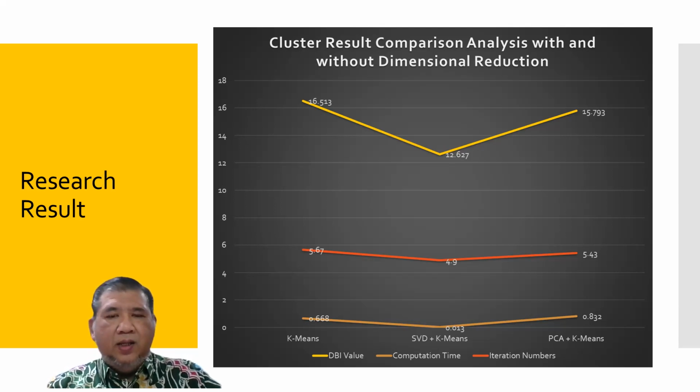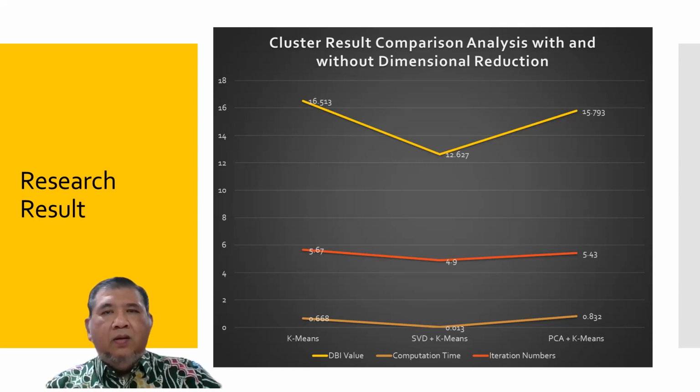And the last one is the computation times, where SVD gives a significant difference from K-means only, but PCA is the worst because its computation time is higher than K-means only.